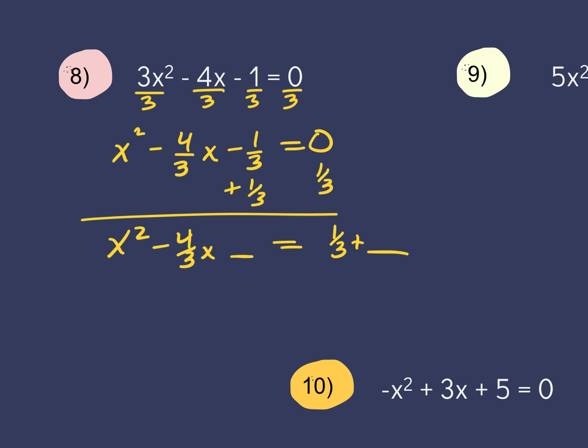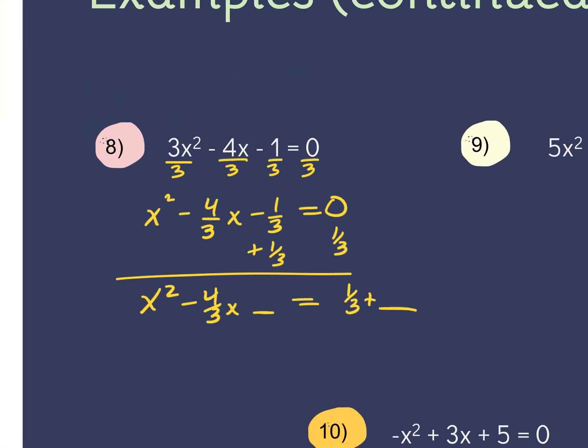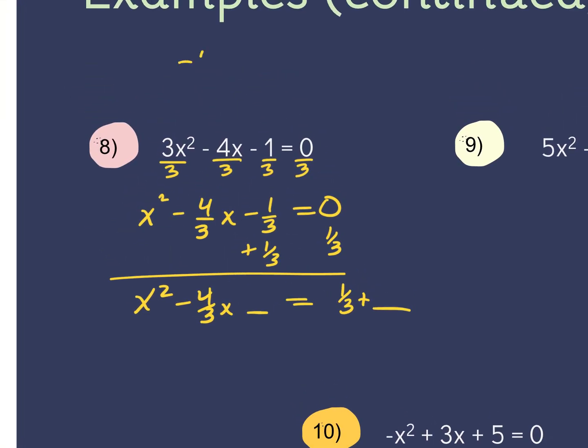And now take the b term, divide it by 2 and square it. So negative 4/3 times 1/2. Simplify. Negative 2/3 squared is 4/9. This is what I'm adding to both sides.